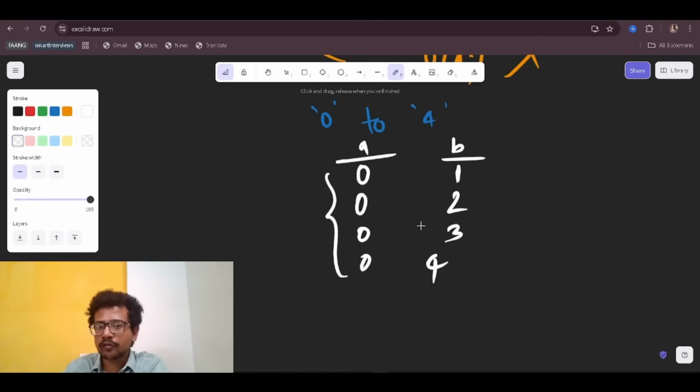For 0, I got 4 values, for 1, I got 4 values, for 2, I got 4 values, for 3, I got 4 values, and for 4, I got 4 values, right? 4 into 5 is just 20.